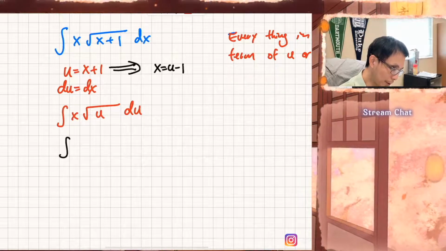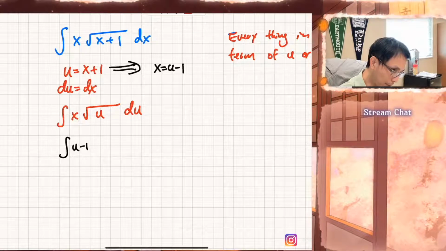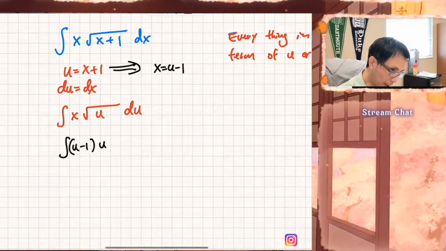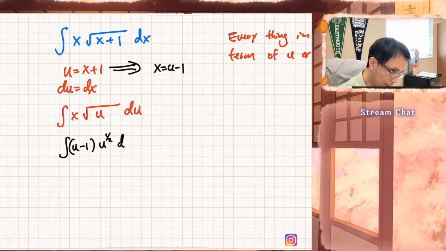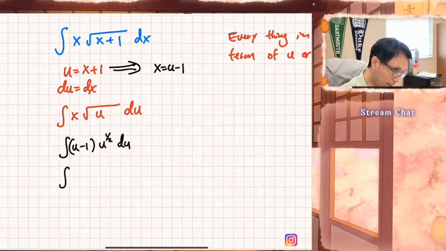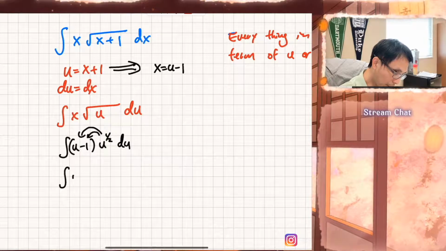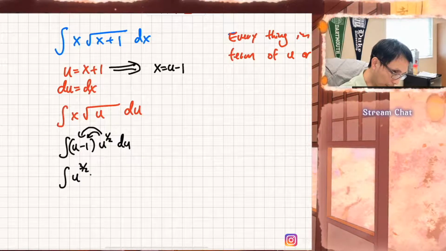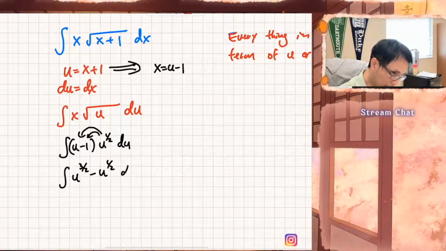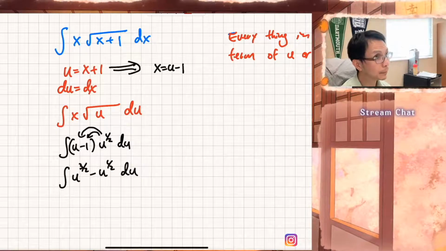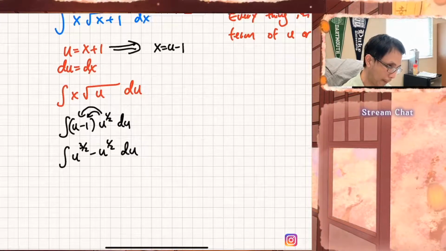Therefore, the integration becomes u minus 1 times u to the 1/2 du. Now I can distribute it. That's going to be u to the 3/2 minus u to the 1/2 du.